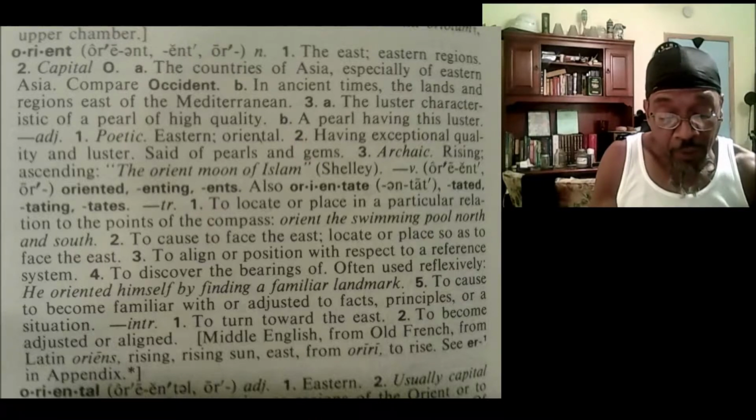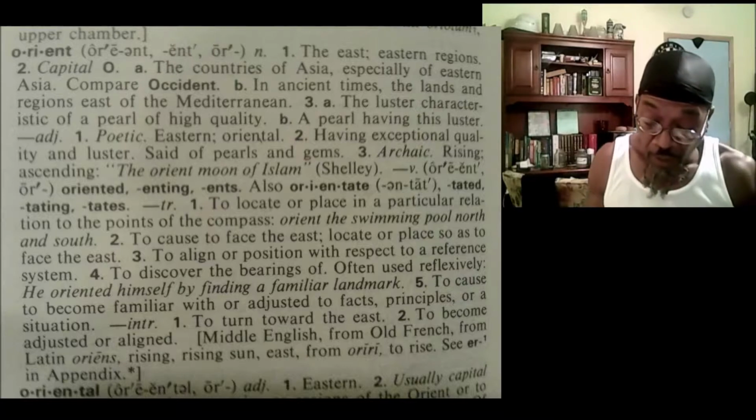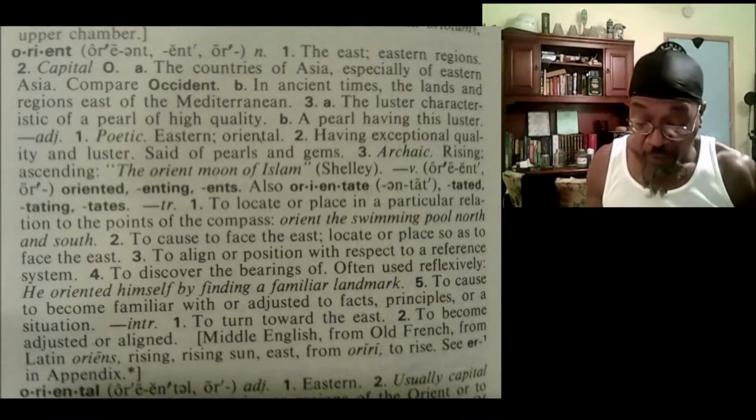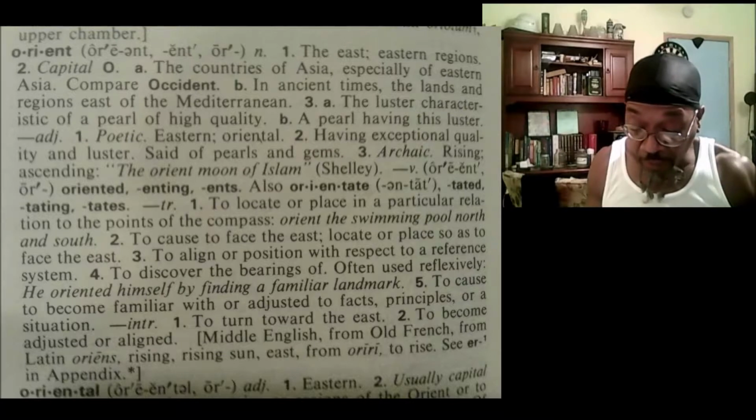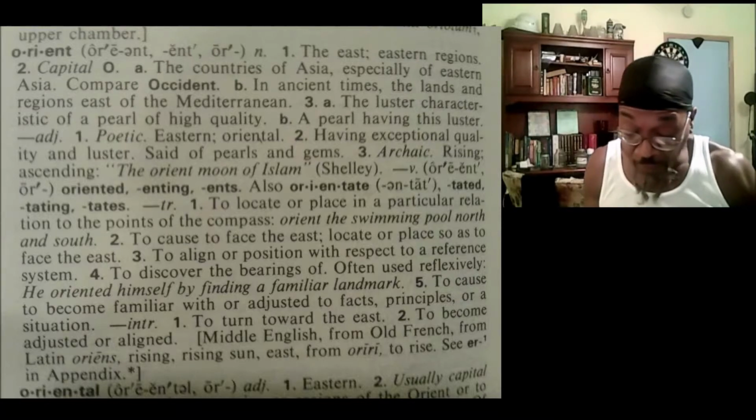And as you can see it up on the screen, it goes to Orient. Orient means the East, Eastern regions, capital O. The countries of Asia, especially of eastern regions east of the Mediterranean in ancient times. The luster characteristics of a good high quality pearl.